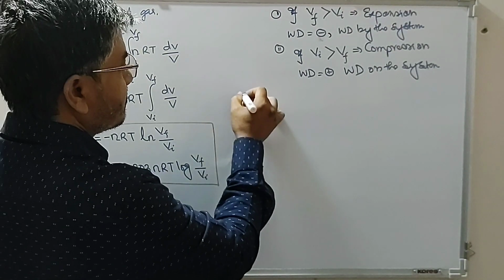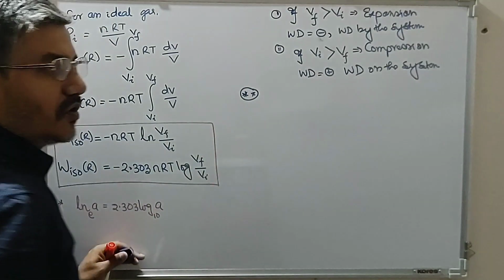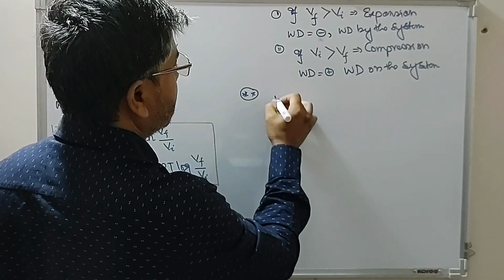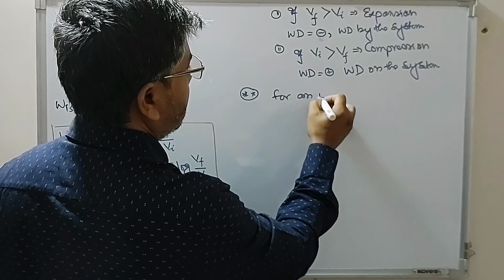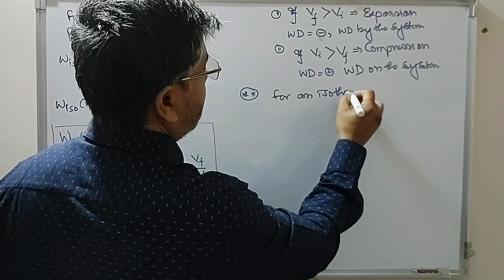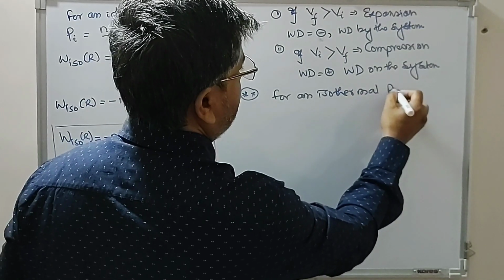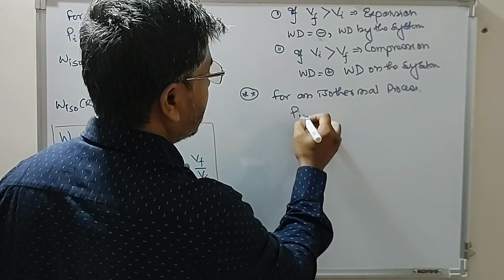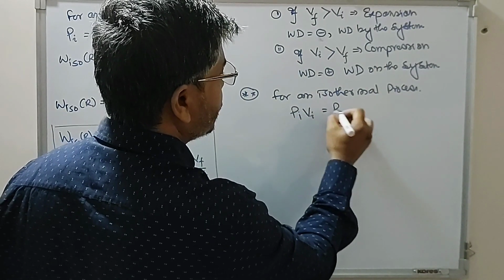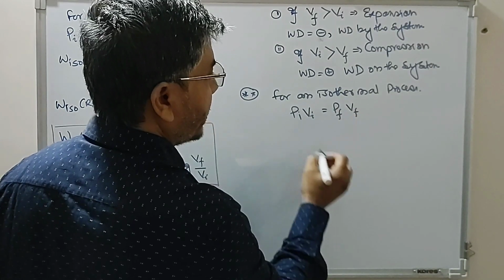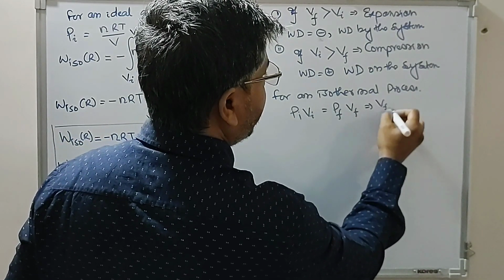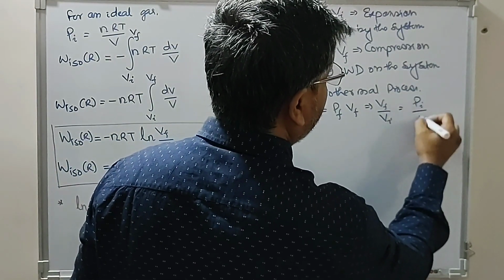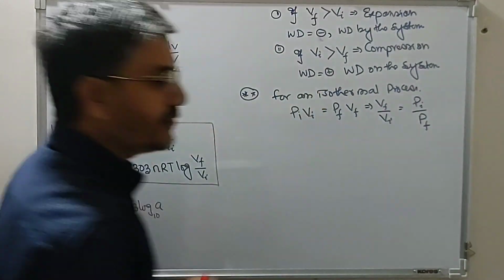Now look at this. For an isothermal process involving ideal gas, we have PiVi equals PfVf. So therefore Vf by Vi is equal to Pi by Pf.